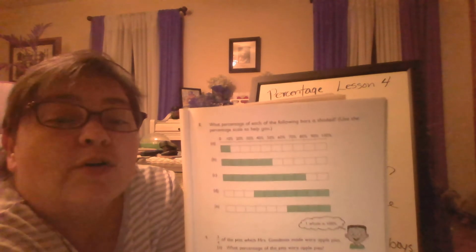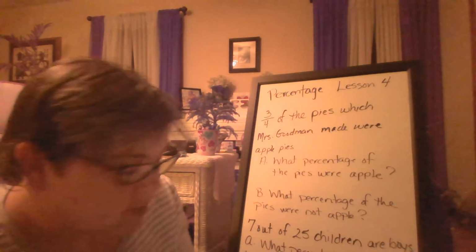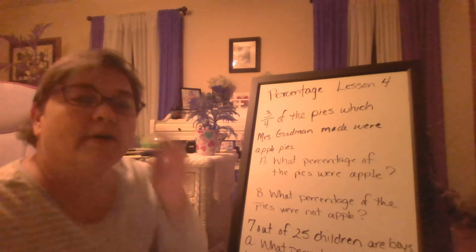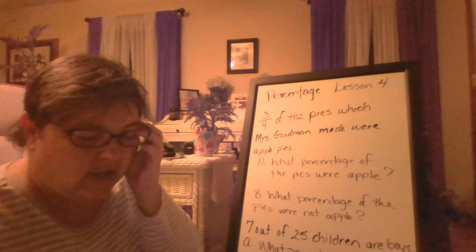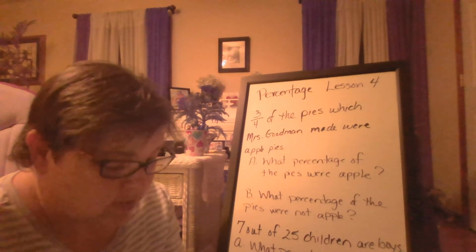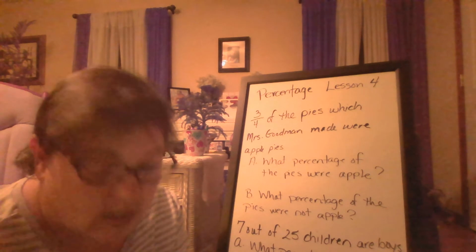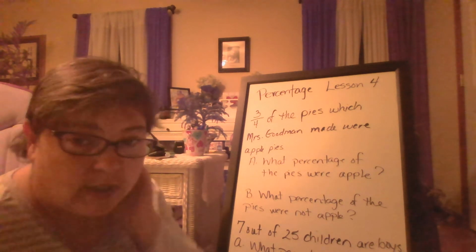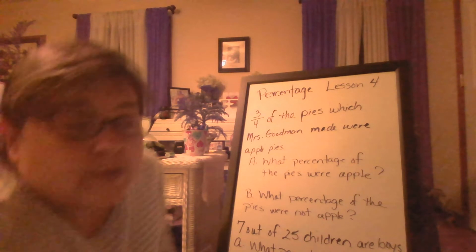Sometimes it's simpler just to draw boxes. So I thought I would show you that today. All right, let's look at some problems on the board up here, because now you're going to have some word problems in exercise 20 in your workbook. So I want you to be prepared for those.